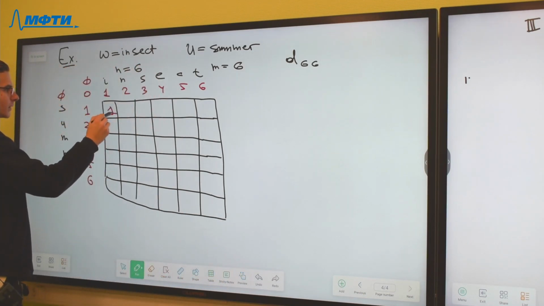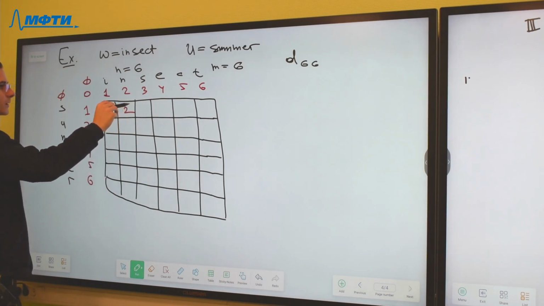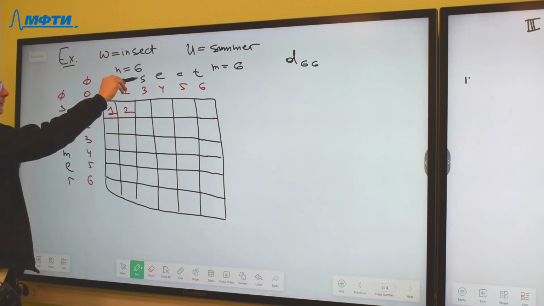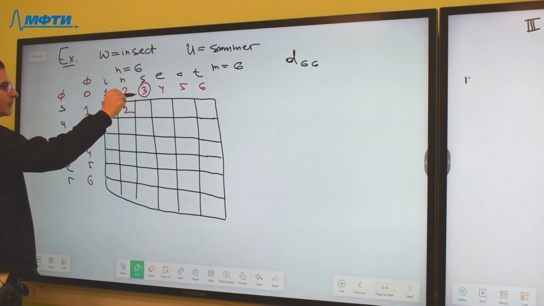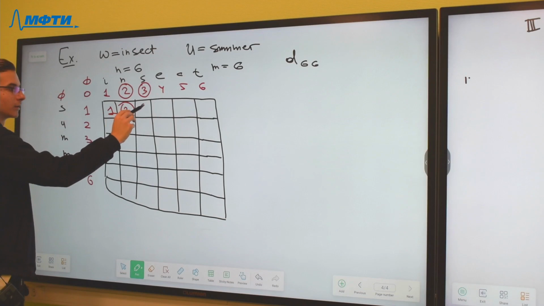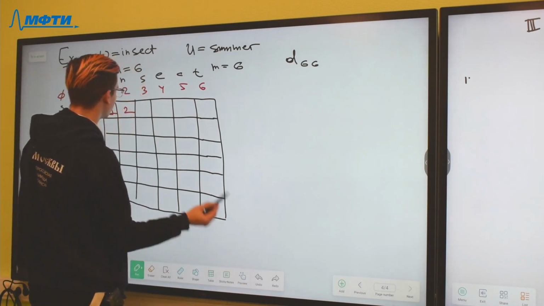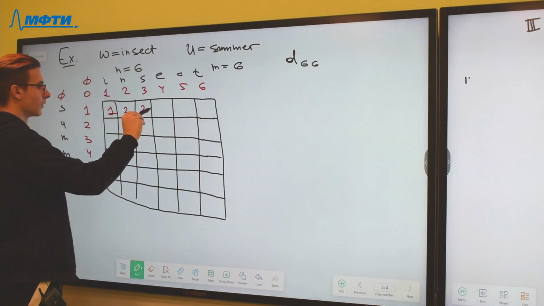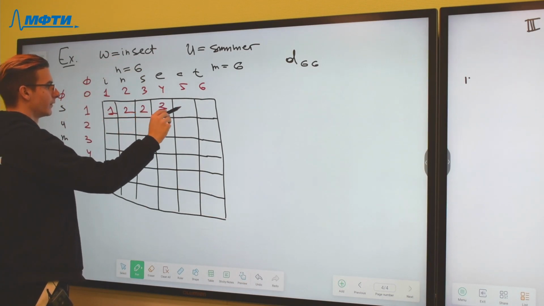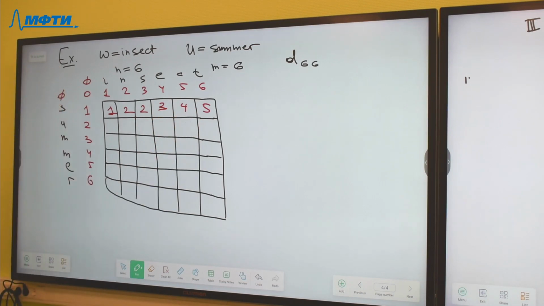find the minimum of them, and add 1. So we write here 1, 2, and if they are equal, we compare this number plus 1, this number plus 1, and this number. So I write here 2. 3, 4, 5.